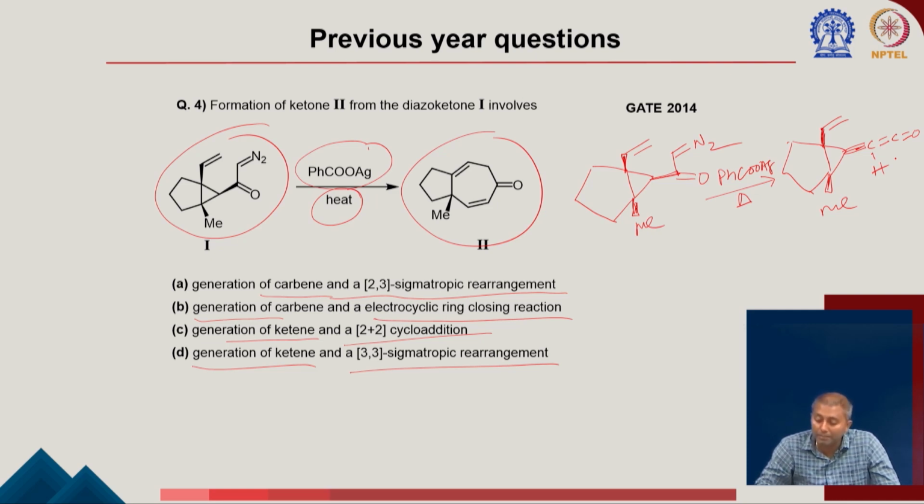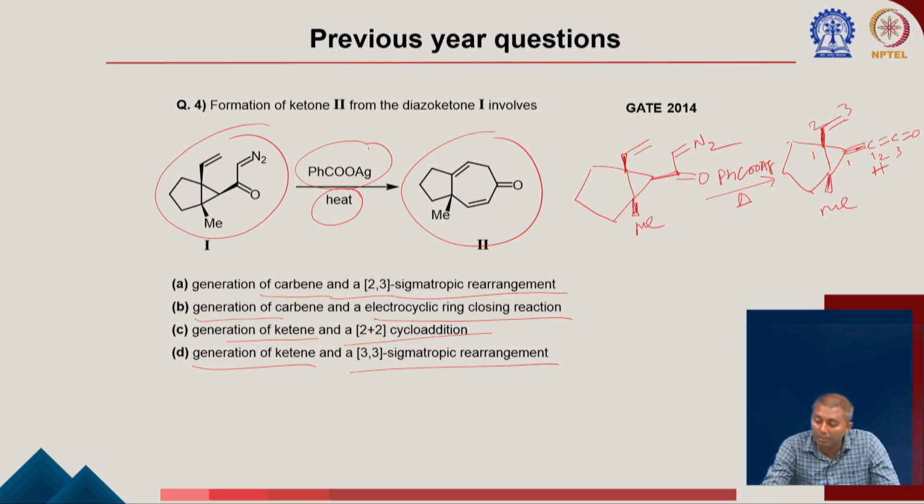Now, if you see in this particular compound, this is 1, 2, 3, as well as here also this is 1, 2, 3.